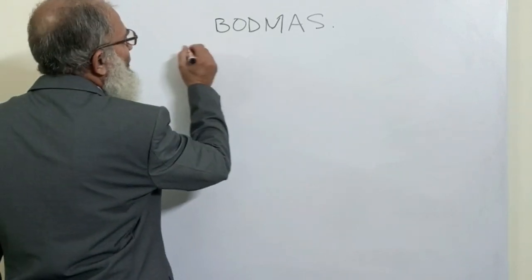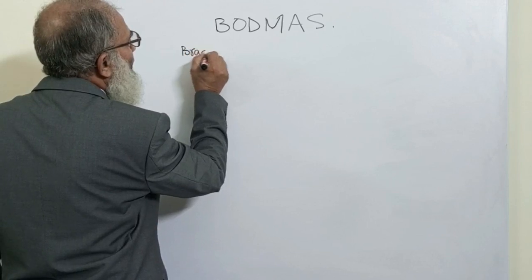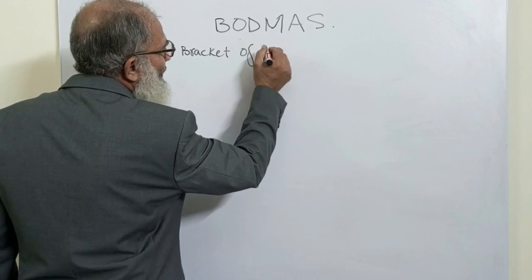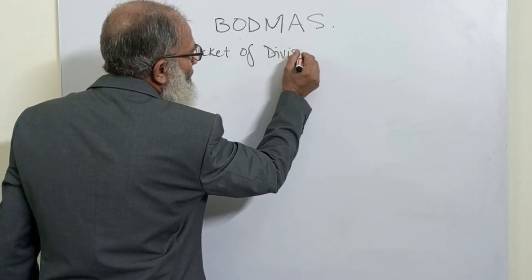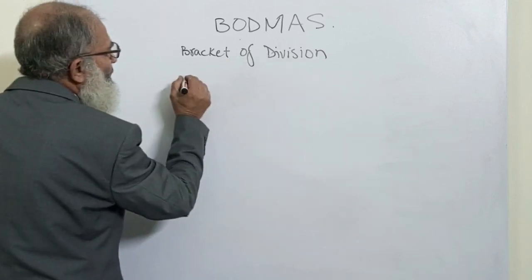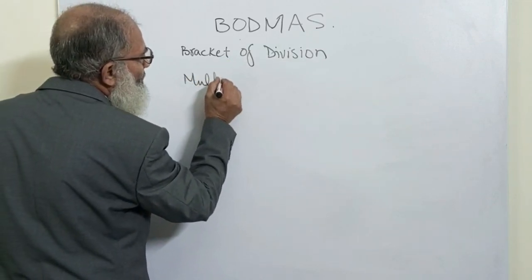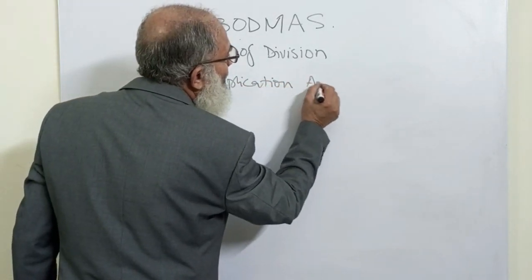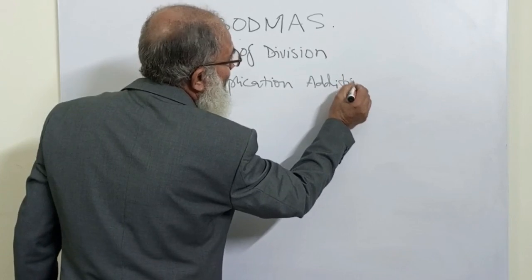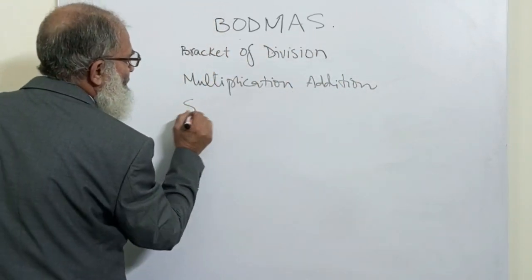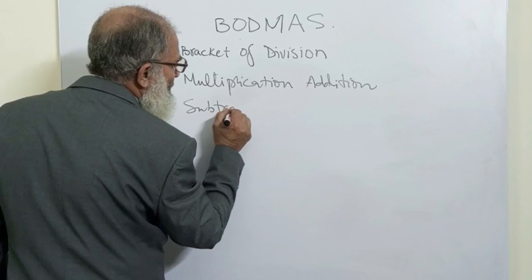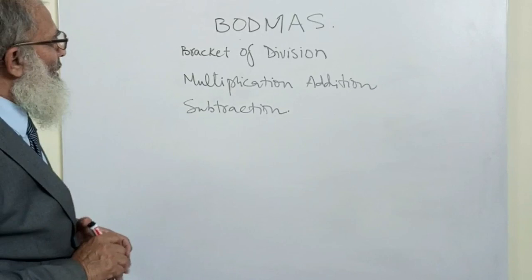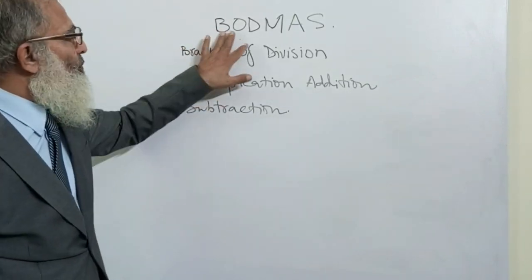Bracket, of, division, multiplication, addition, and finally subtraction. Now these 6 words are abbreviated to BODMAS.